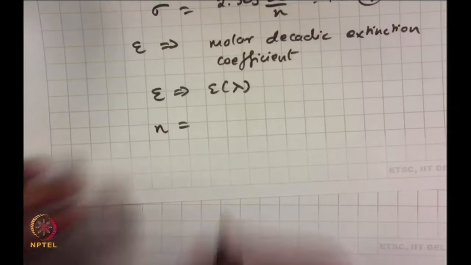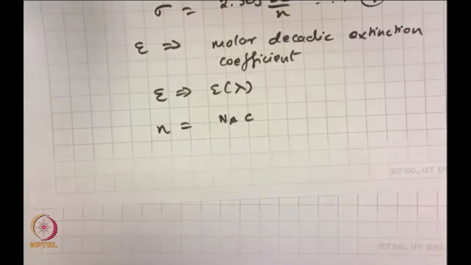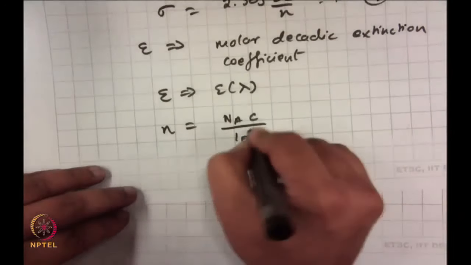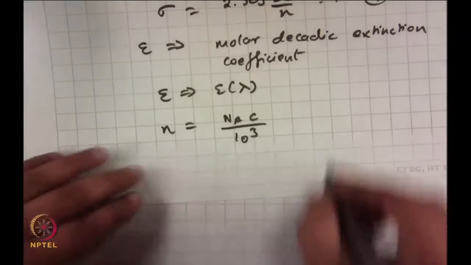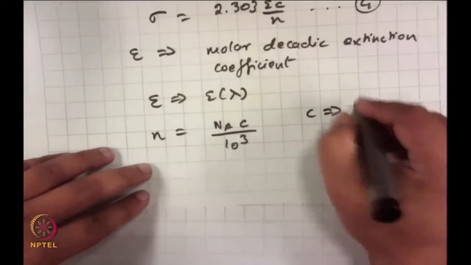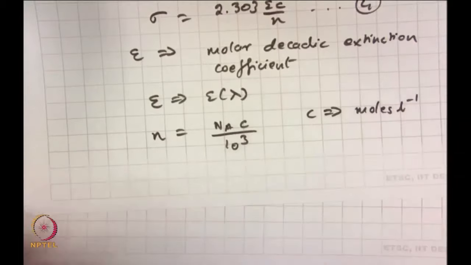So, I would be having Na times C, but this is the number of molecules per what? Per liter. But what was my volume unit in this case? Centimeter cube. So, what I have is Na times C over 10 to the power 3, and please remember C is given in moles per liter. Okay.